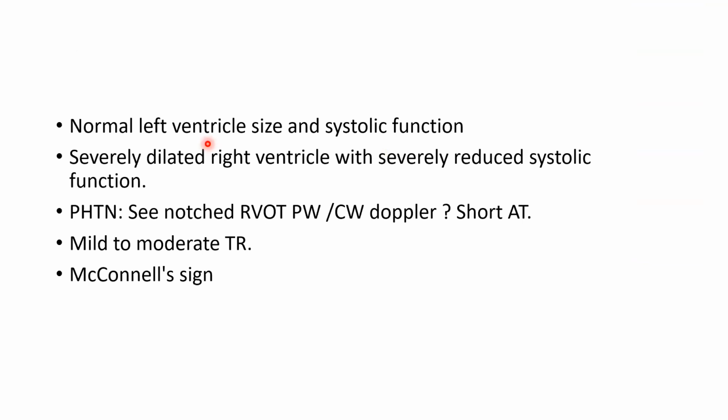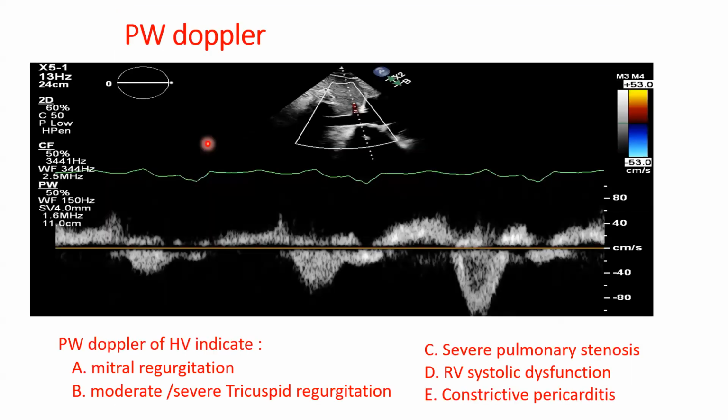So normal left ventricular systolic function, severely dilated right ventricle with severely reduced systolic function, pulmonary hypertension, notched RVOT Doppler, McConnell sign, we are seeing it, and elevated pulmonary artery systolic pressure.